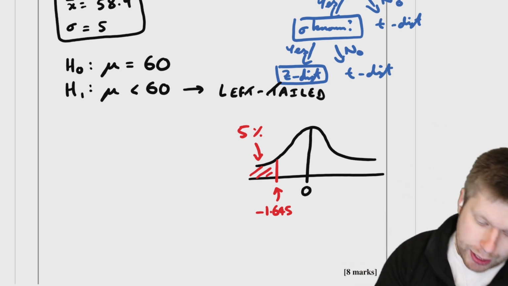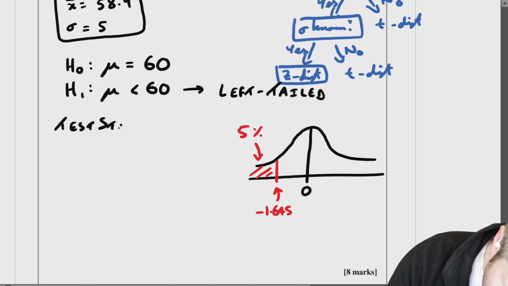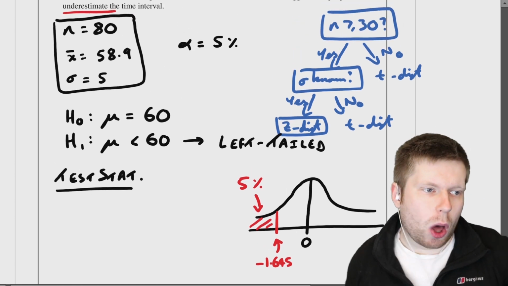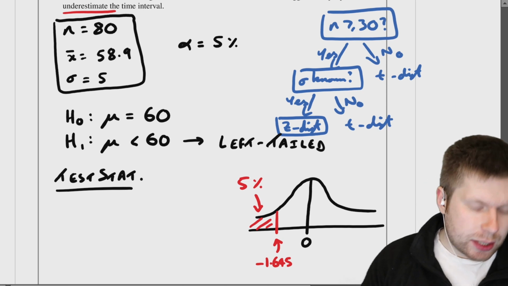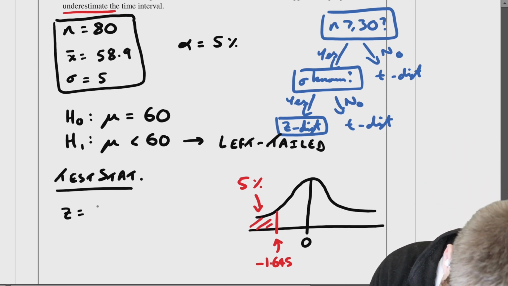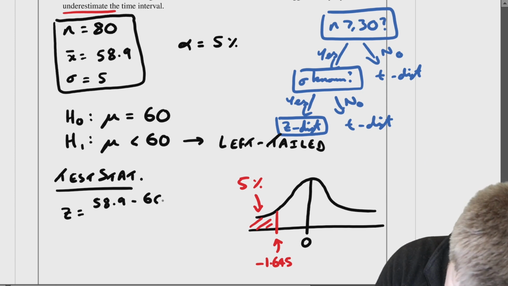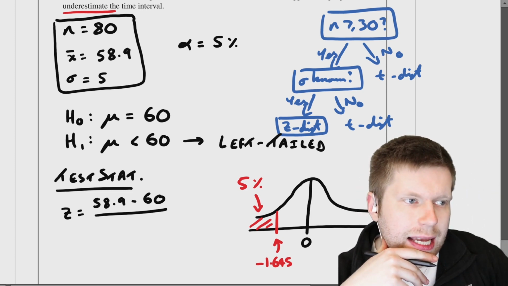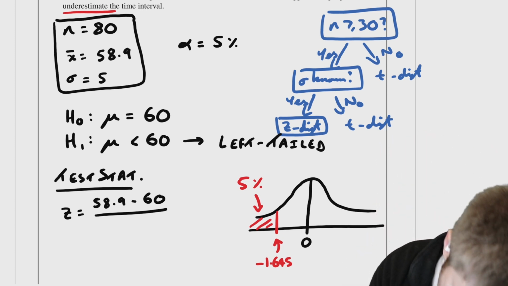So let's have a look at this. Let's calculate now my test statistic. Let's work out how many units of standard deviation my sample lies below this hypothesized mean. To calculate my test statistic, I'm just going to go z is equal to my sample mean, which is 58.9, take away my hypothesized mean, which is 60, divided by my standard error, so that's going to be 5 over the root of 80.